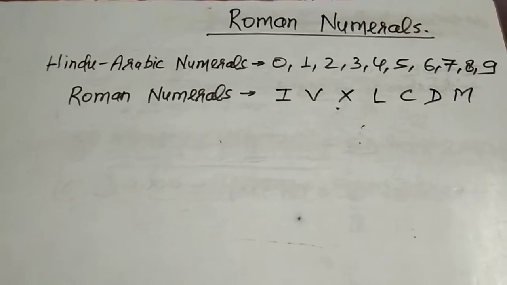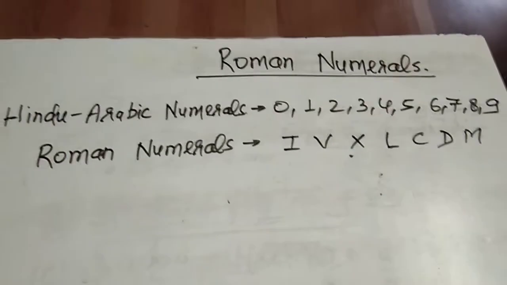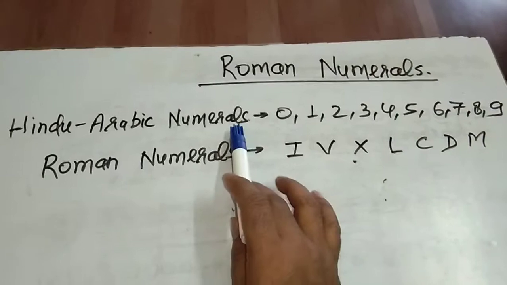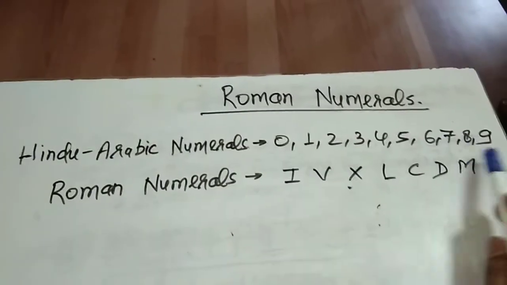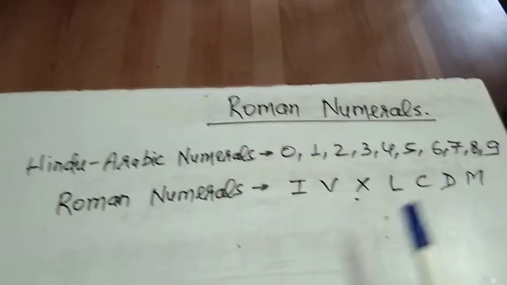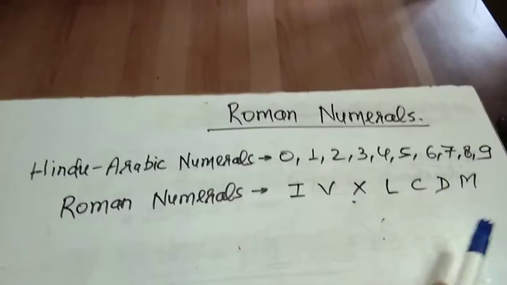In the Hindu-Arabic numeral system there are a total of 10 digits, from 0 to 9. You all know very well.